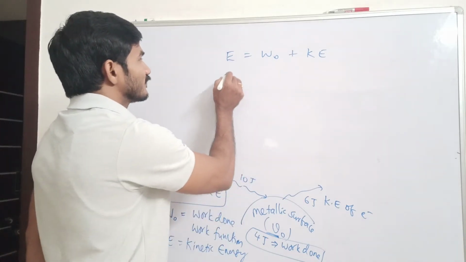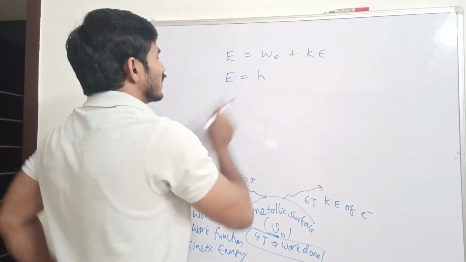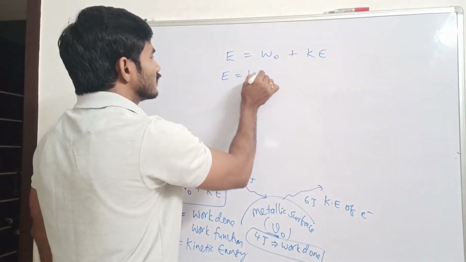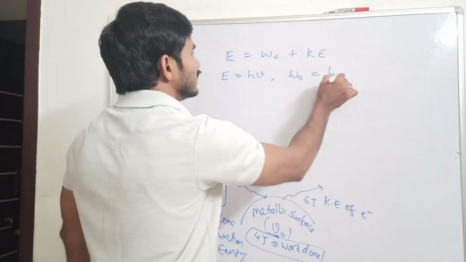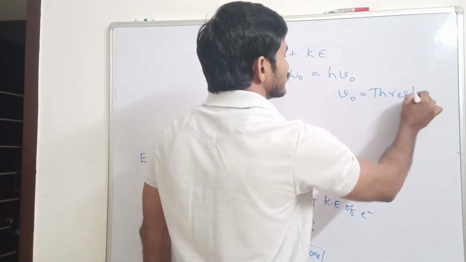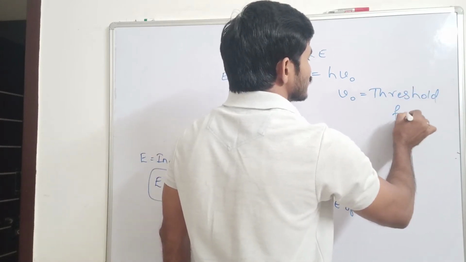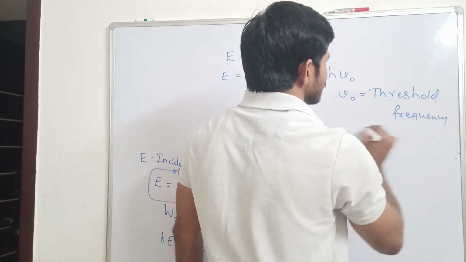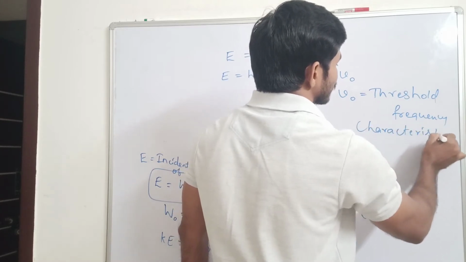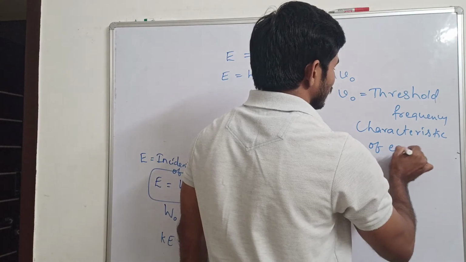So I can write here E is equal to h nu, and W naught as h nu naught. Nu naught here is the threshold frequency, which is a characteristic of every metal, a characteristic of each metal.